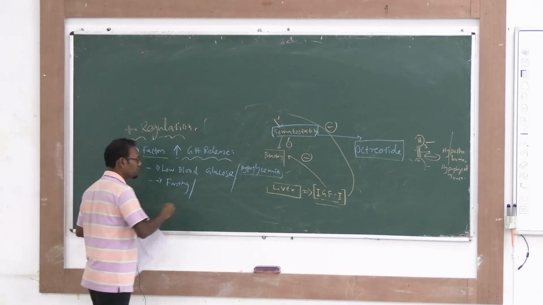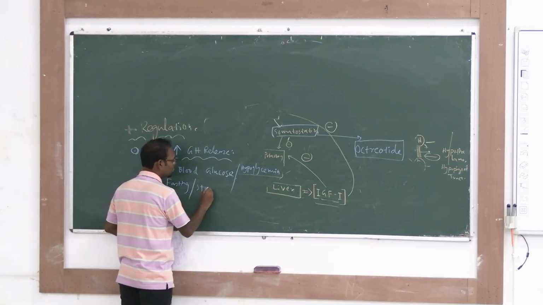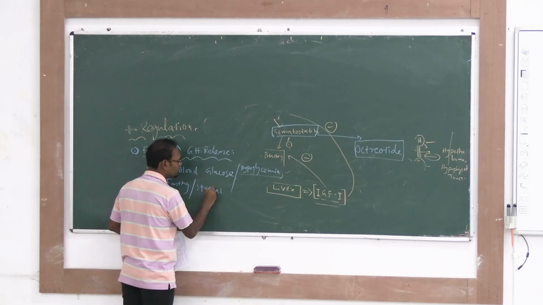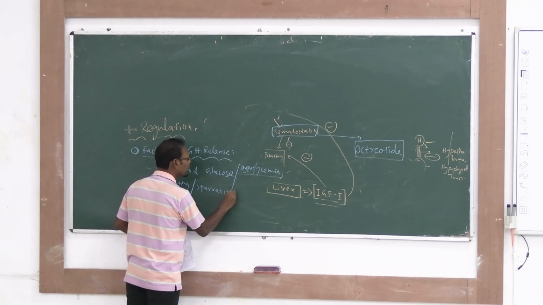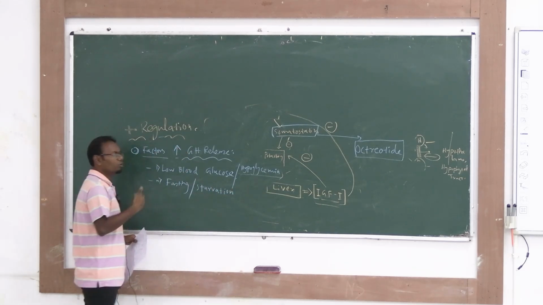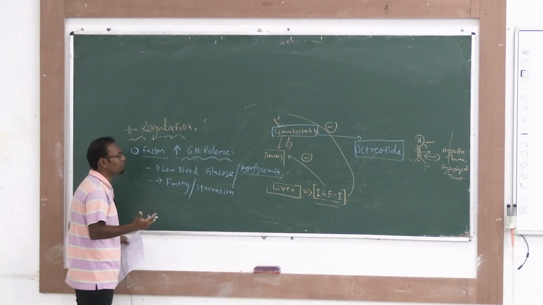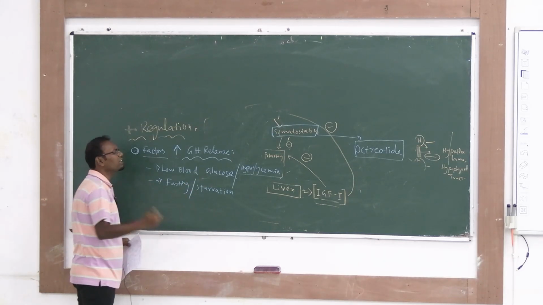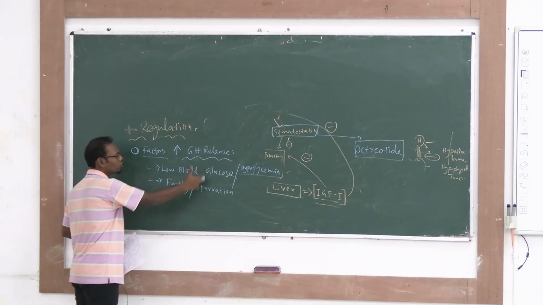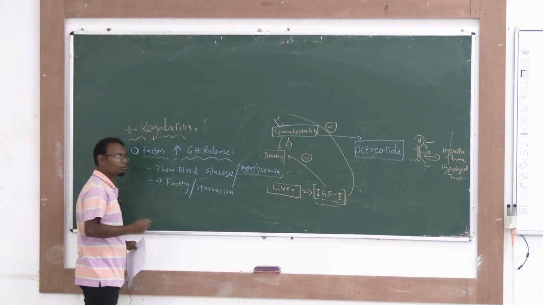Then starvation. In case of starvation, okay, your reserve is done, you are not eating anything new for a long period of time, so your blood will have a very low amount of glucose. So that is also a hypoglycemic state, and that will increase your growth hormone release.